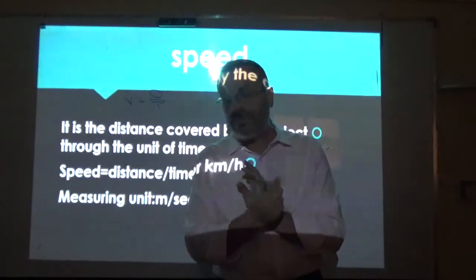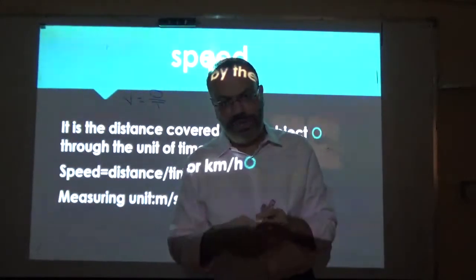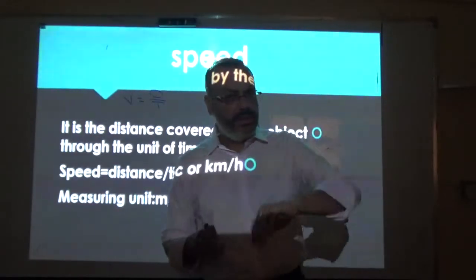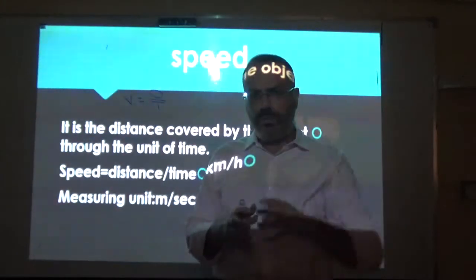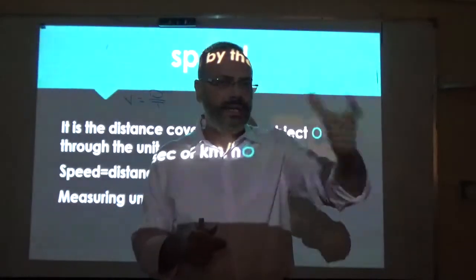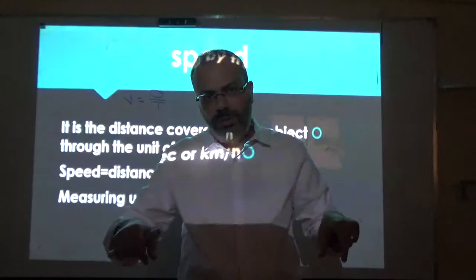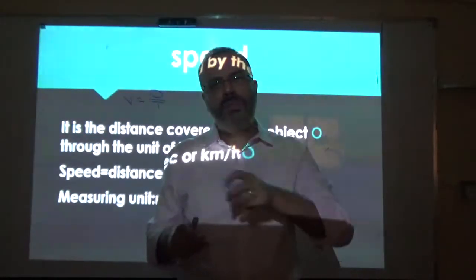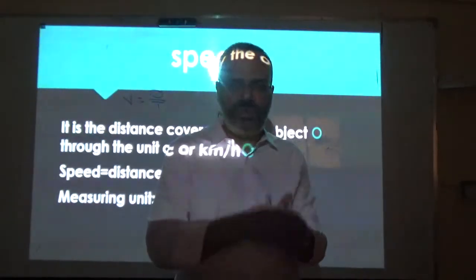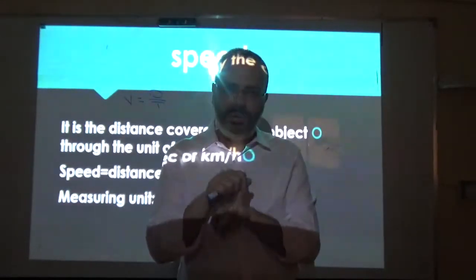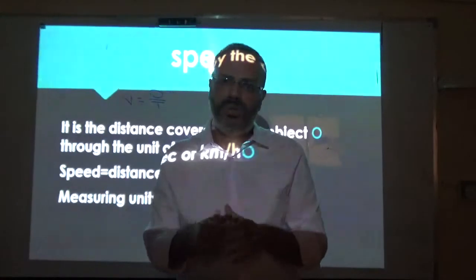Meter per second if the distance covered by the object is measured by meter and the time measured by second. But if the car moves, we can calculate the distance by kilometer and the time by hour. So the measuring unit in this case will be km/h. So we have two measuring units, meter per second or km/h.